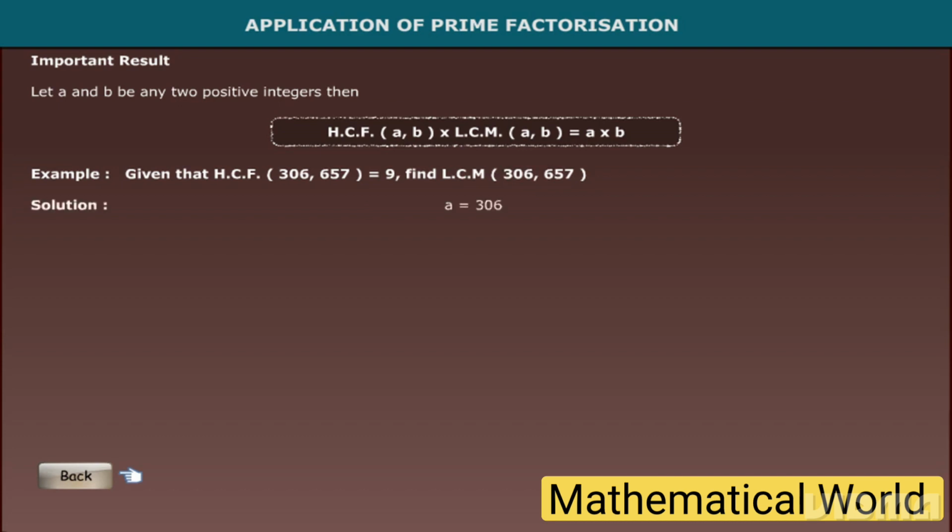Solution. A is equal to 306, B is equal to 657, and HCF of 306 and 657 is equal to 9.